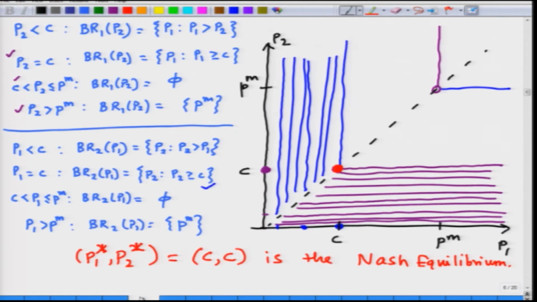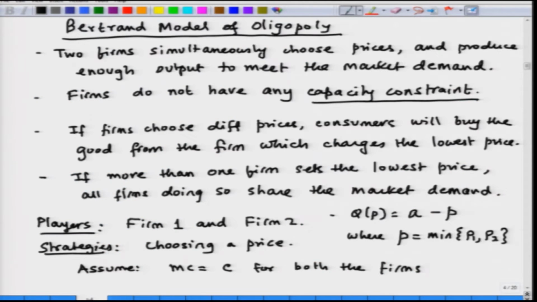Now, before we leave this model, the assumption in this whole setup is that firms do not have any capacity constraints, and as with the Cournot model, the firms are also producing identical products, right. So, as far as the consumers are concerned, these goods are perfect substitutes. We will see what happens when we relax some of those assumptions in a few moments.